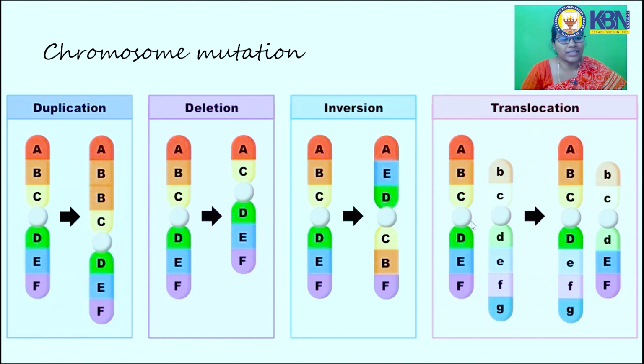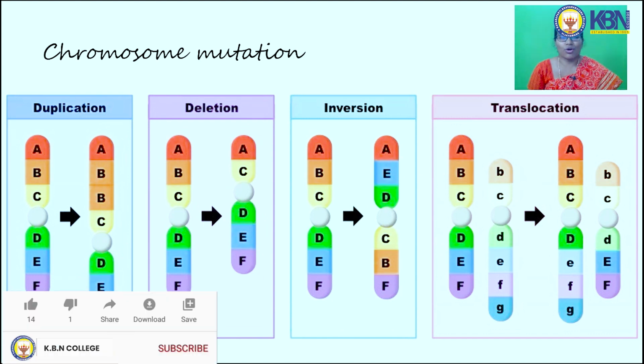Chromosome mutation, as its name says, is where the change or damage happens in the chromosome. You all know what a chromosome is. The condensed form of genetic information, DNA, is called chromosome, and we can observe these chromosomes during which phase?